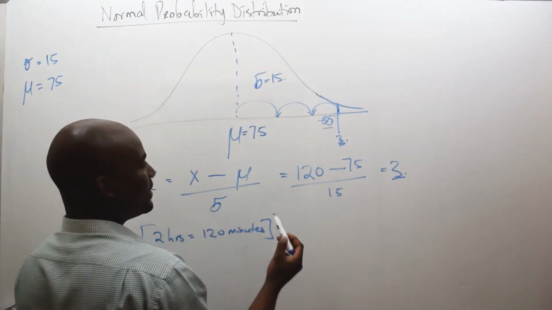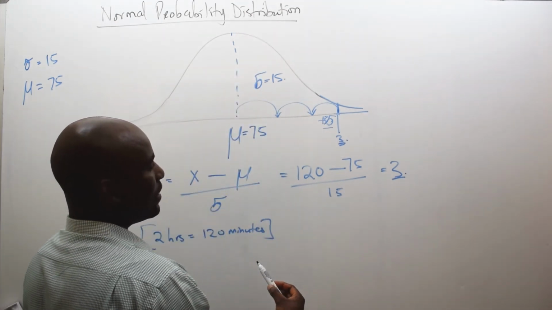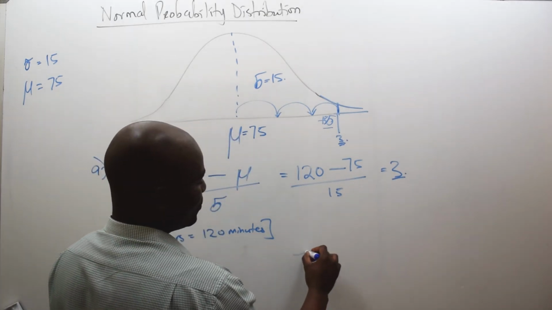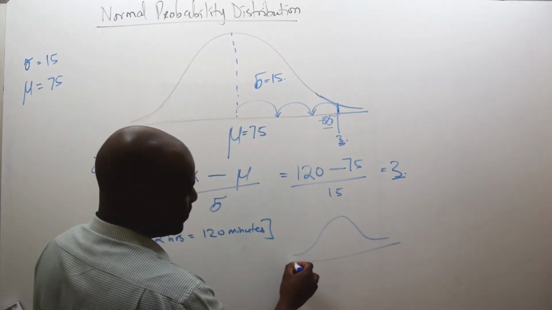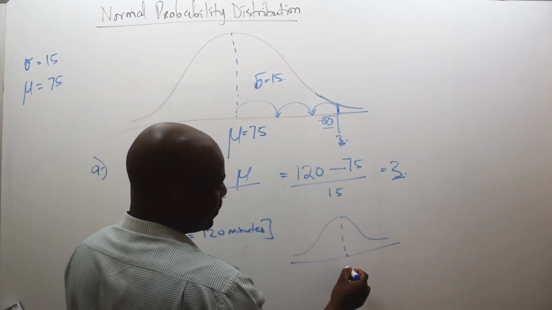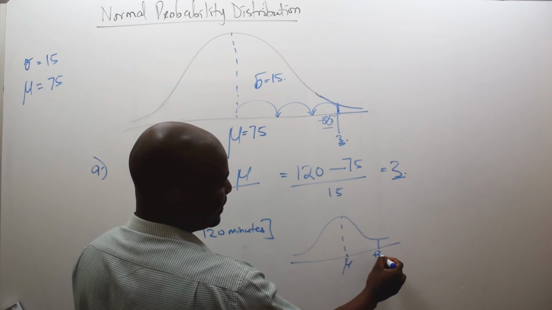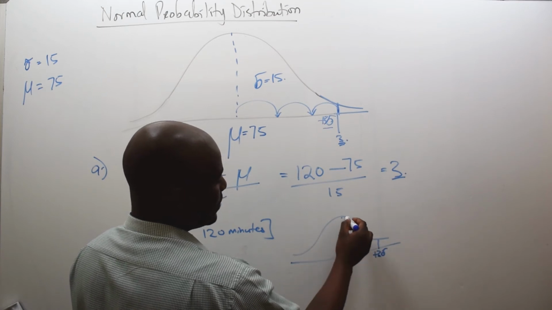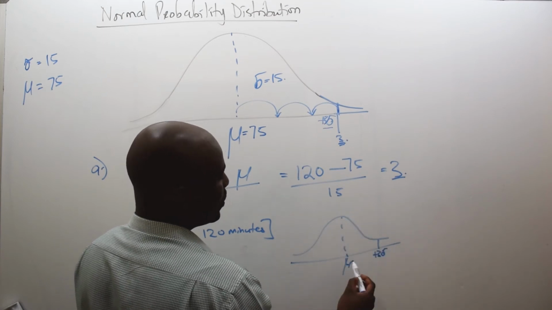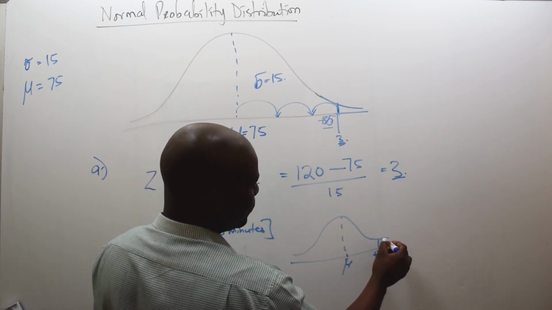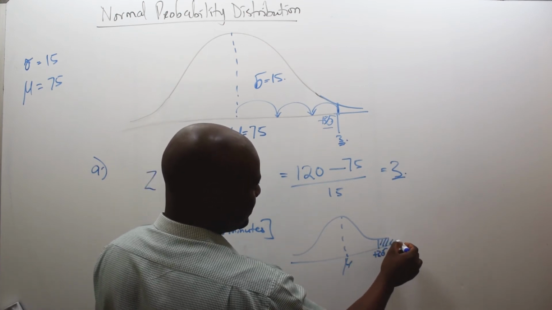If I shade the area, because it says more than 2 hours, let me draw a small mini diagram where this is our mu and then our sigma of plus 3 is here. They said more than 2, so we're going to get the area that is coming here.